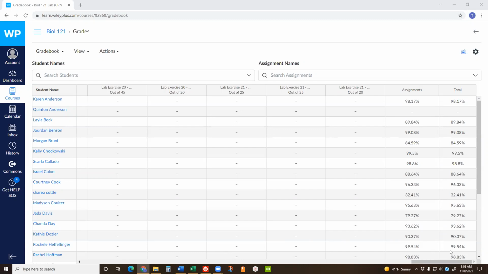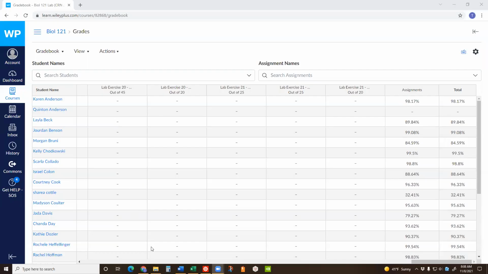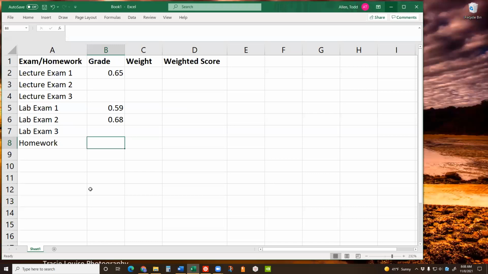So I'm going to say, write down your total percentage in the homework from Wiley Plus, and I'm going to go back to my spreadsheet here. Hold on a sec. Okay, and so right now, I'm going to put in like a 97% as a homework score at this time.